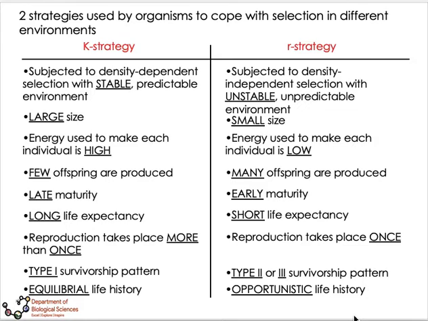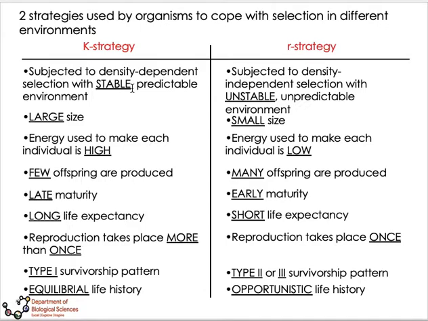Okay, which will differ also in life histories. So the two strategies are termed as the K strategy and the R strategy, or K selection or R selection. So these are their comparison.